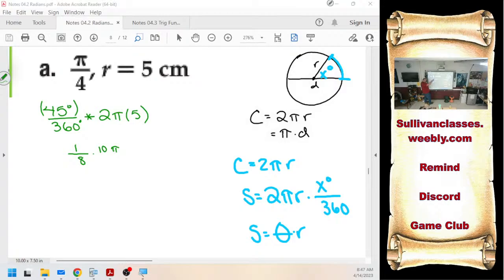Reduce, because 90 goes into 360 4 times, so 45 goes into 360 8 times. So 1/8 times 2 by 5 is 10. 10 over 8 is 5 pi over 4. That's what you would have done in geometry. What I'm telling you now is radians times radius. 5 pi over 4.